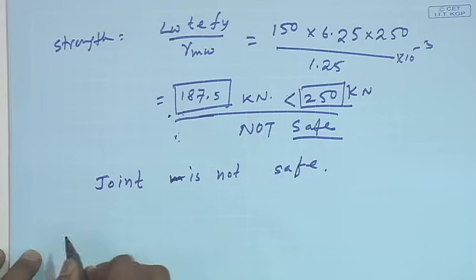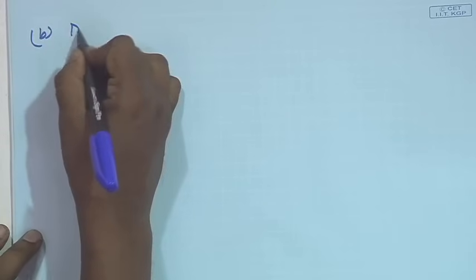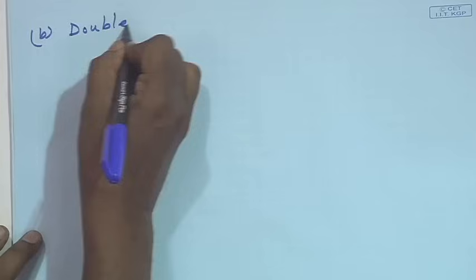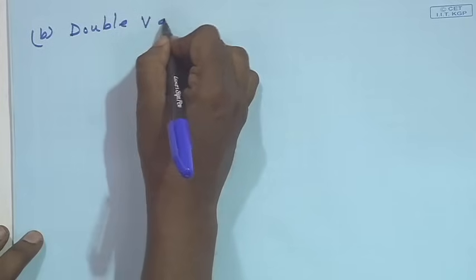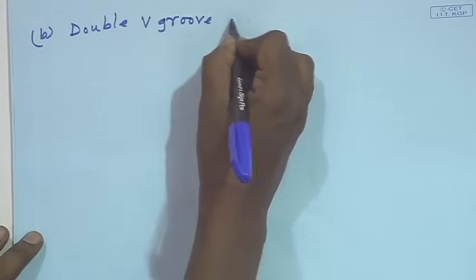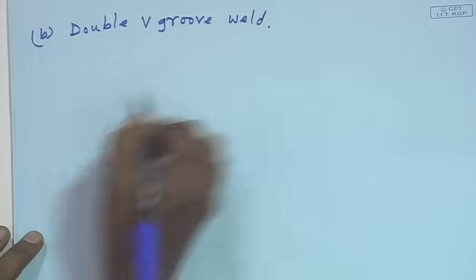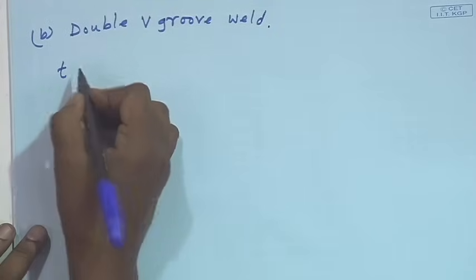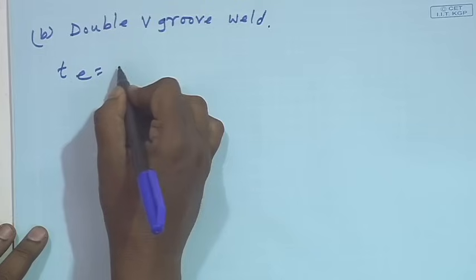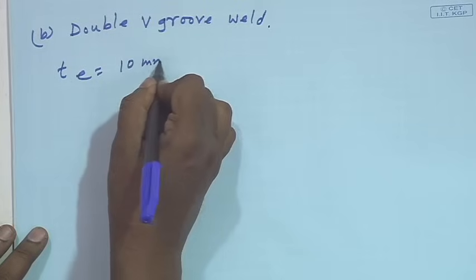Now, let us see for double V groove weld. For double V groove weld, in the second case, throat thickness will be the thickness of the thinner plate, that will be 10 mm.